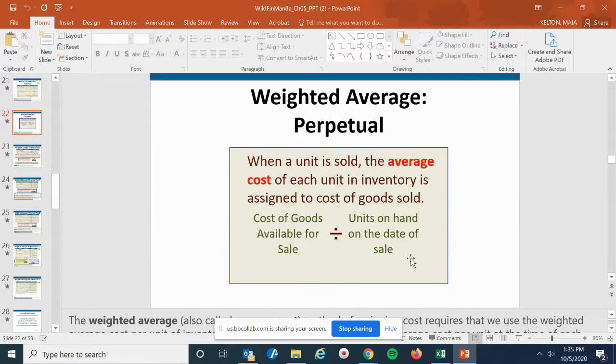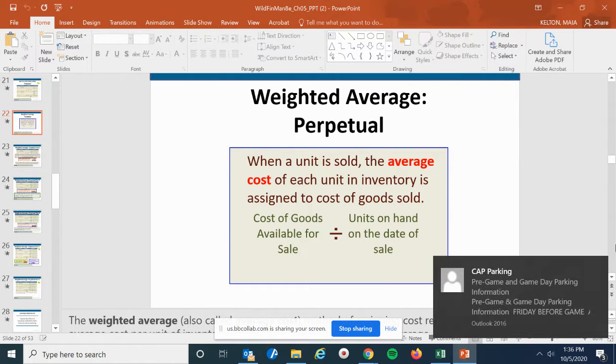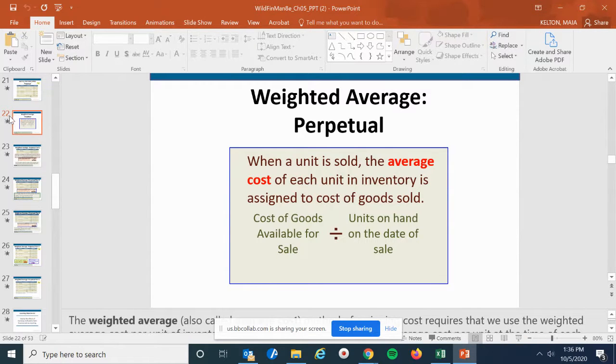And we divide that by the units on hand on the date of the sale. So this is just a weighted average calculation. Once we figure out the weighted average cost per unit, we can apply it to the units sold to figure out cost of goods sold, and to the units remaining in inventory to figure out the ending value of inventory.